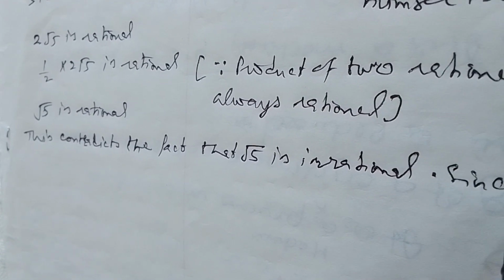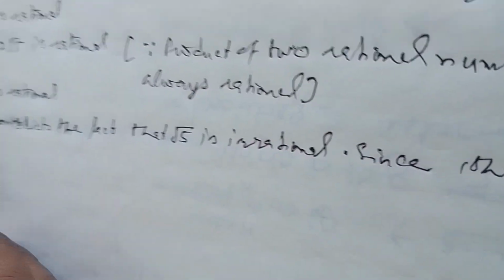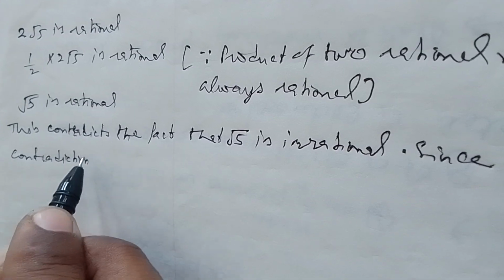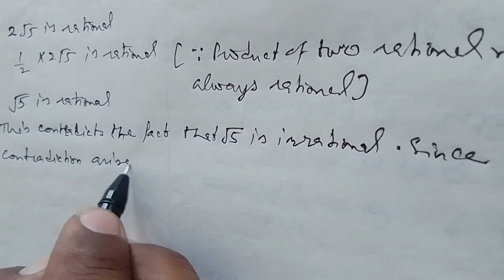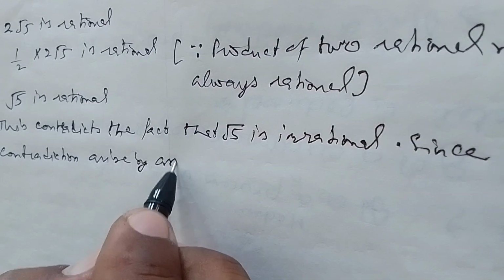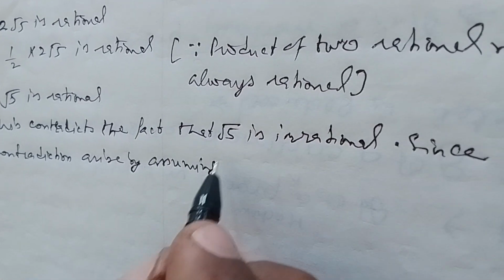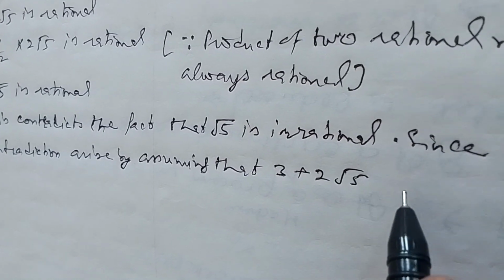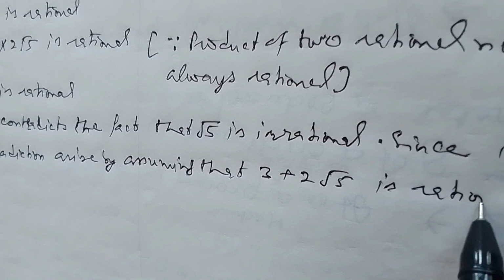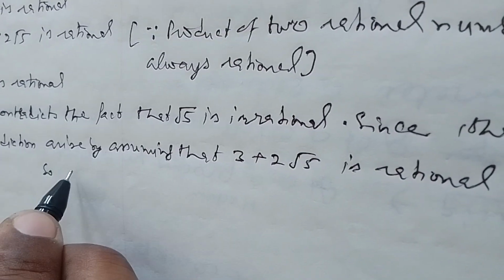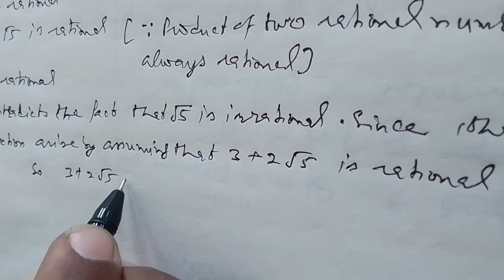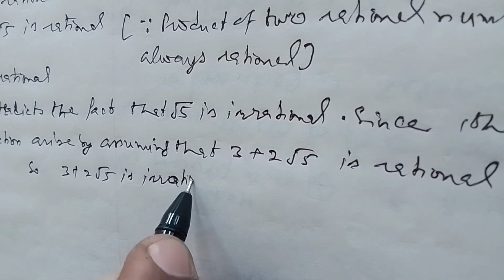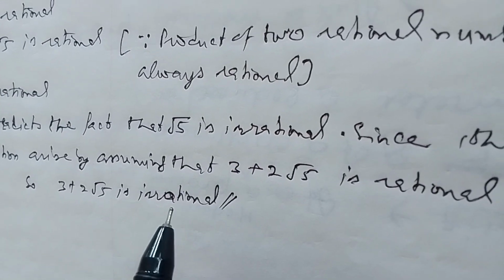Since the contradiction arises by assuming that 3 plus 2 root 5 is rational, so 3 plus 2 root 5 is irrational. So this is the solution of the second question.